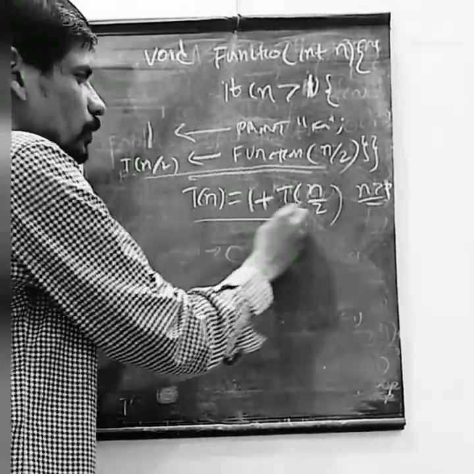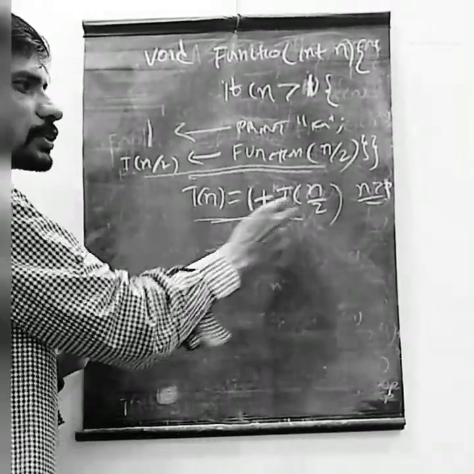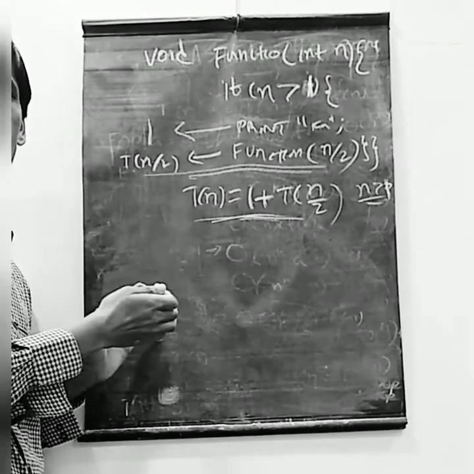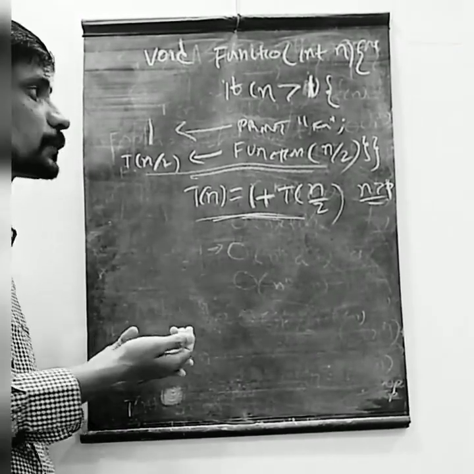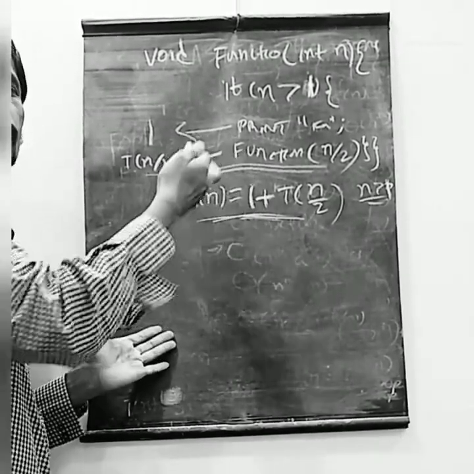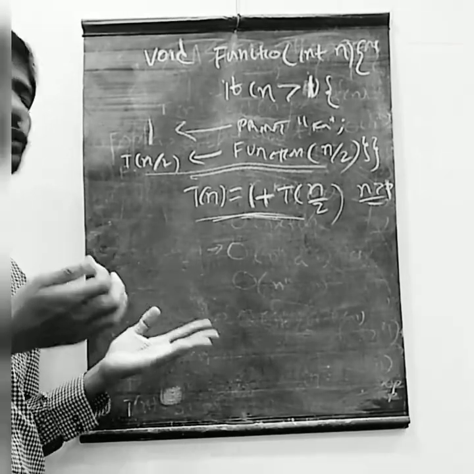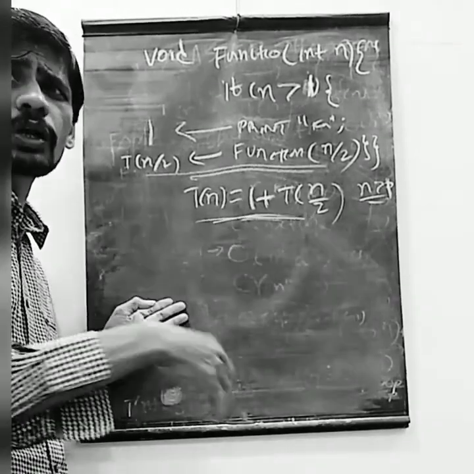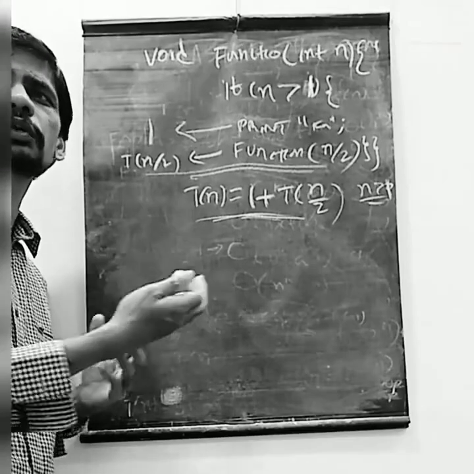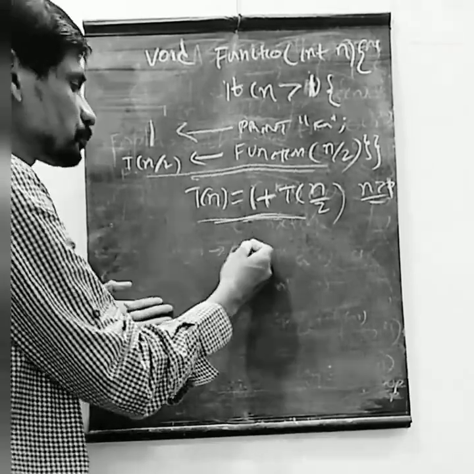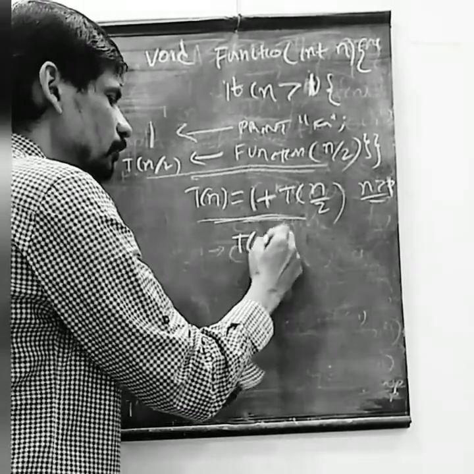Now we have found the recurrence relation for this program. The next question is how to calculate the complexity of this program by using a recursion tree. We will do the same steps we did for the decreasing order. Let's imagine T of n.